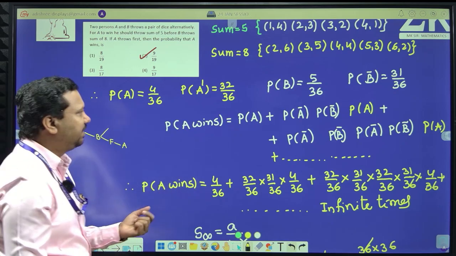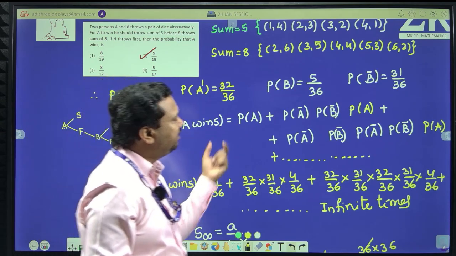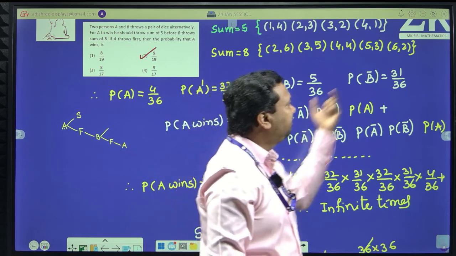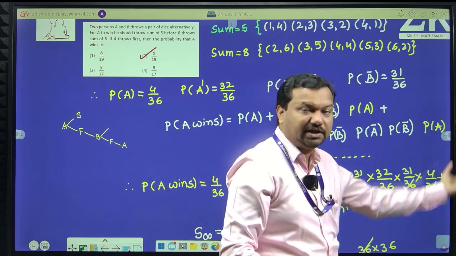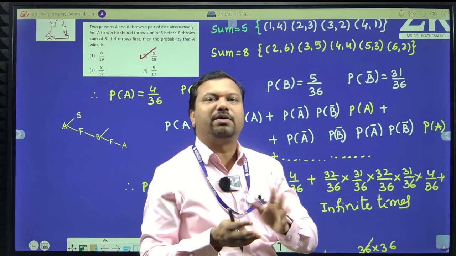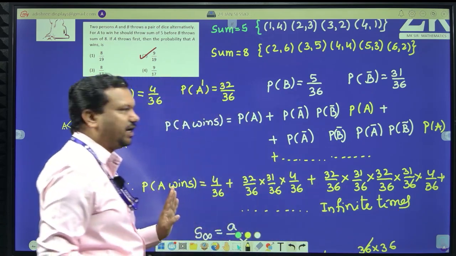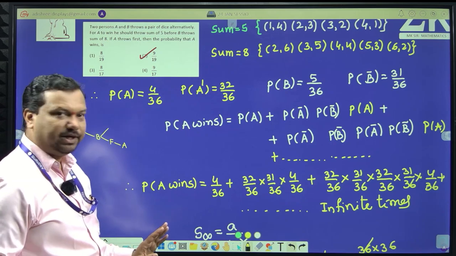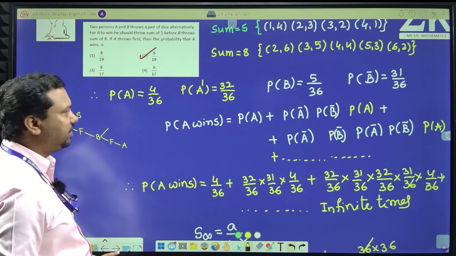Clear? He may win in the first place, or the third place, the fifth place, the seventh place. Whichever previous probabilities are there, they are the complements of A and B, the product of A and B. That is what I have written here. Clear? I hope you understood this part.